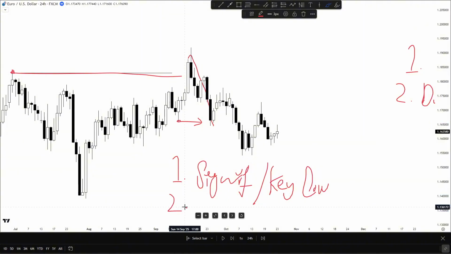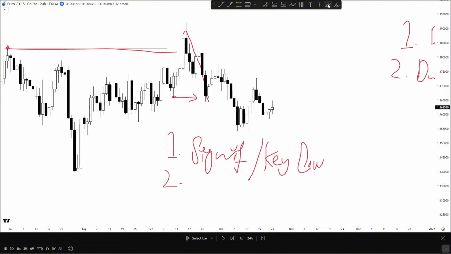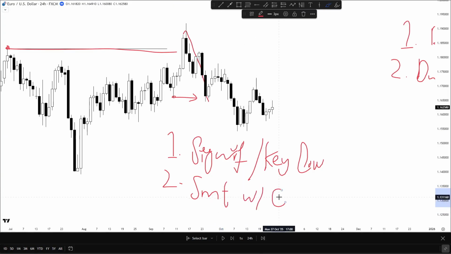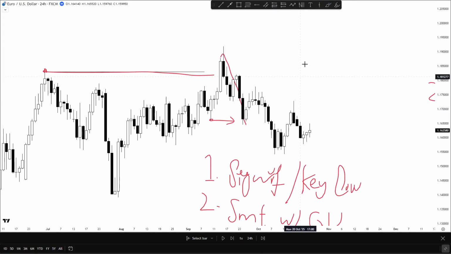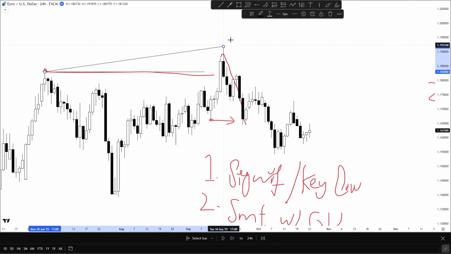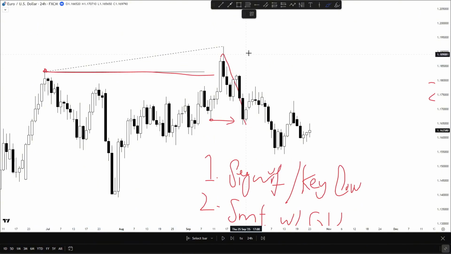The second reason is that we had an SMT with GU. You can see that EU took out this high. Let me show you. EU took out this high, but GU failed to do so, and that led to non-symmetrical price action between the two correlating assets, and that non-symmetry led to a divergence between them.